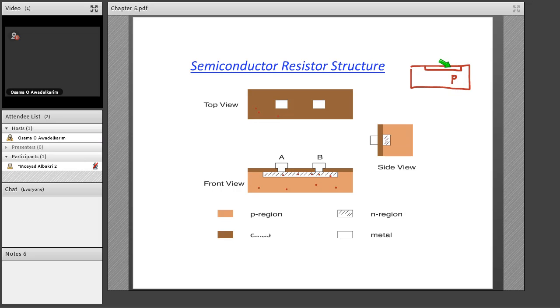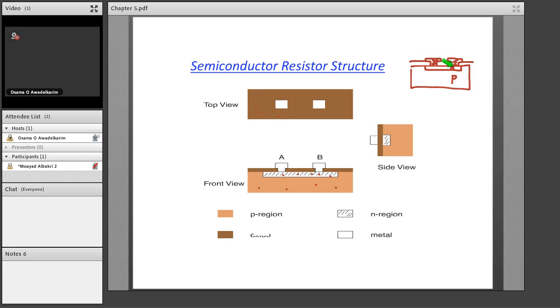So we make this N-type region. And then we do openings, put some oxide here, and then we have openings and metal connecting to the N side, and another metal here connecting to the N side.